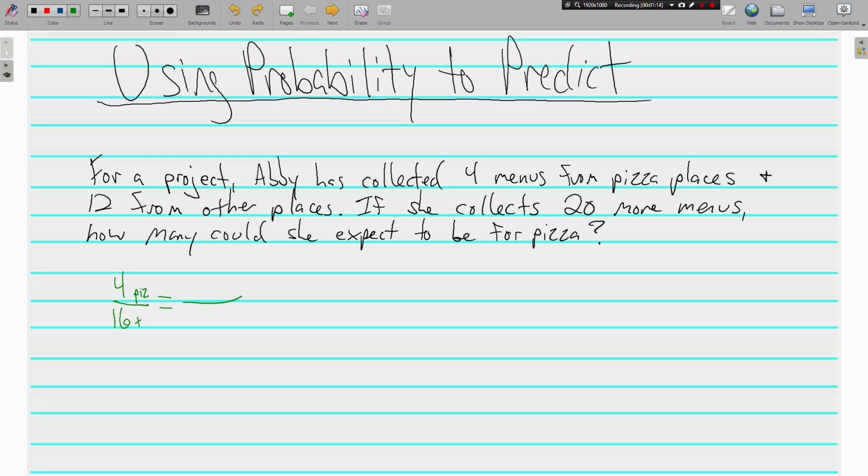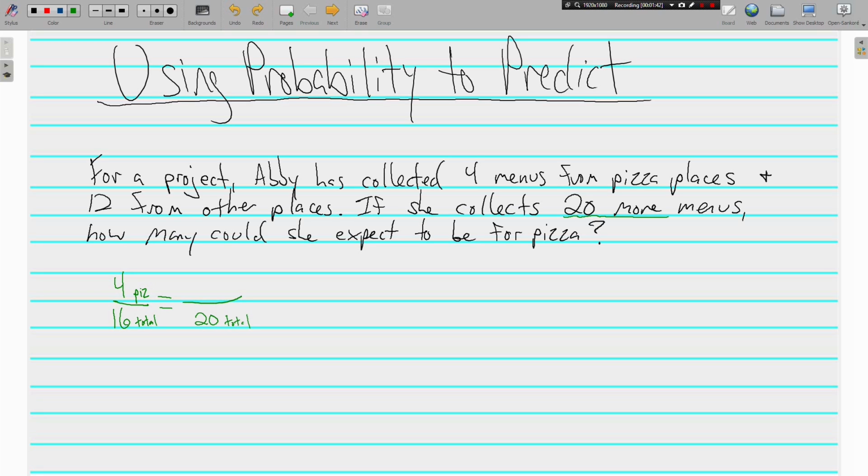Well, 16 is Abby's total number of menus that she had so far. We won't always have to use the total, but the reason I did this time is because I know she's going to collect a total of 20 more. So remember, I've got to keep my same labels together vertically or horizontally.